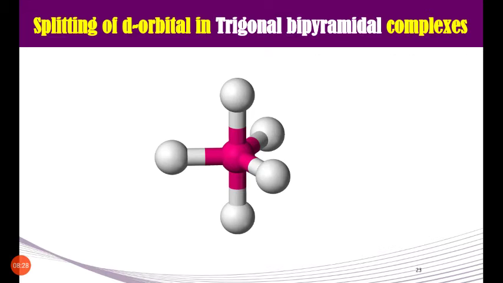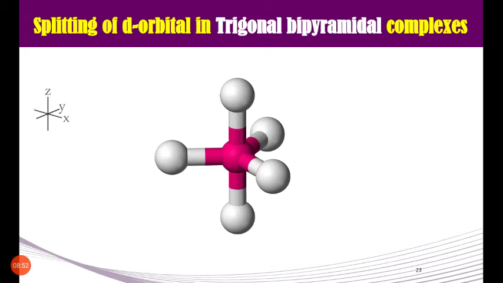Now what will happen? See the Cartesian axis, imagine. These are the Cartesian axis, x-axis, y-axis and z-axis. Along the z-axis there are 2 ligands, so no problem. But for the x-axis and y-axis, if we take one ligand at the x-axis or y-axis, the other 2 ligands will not be at another axis. Why?